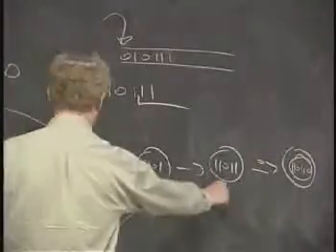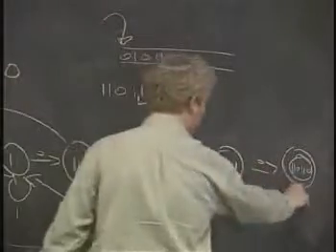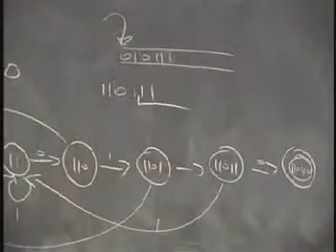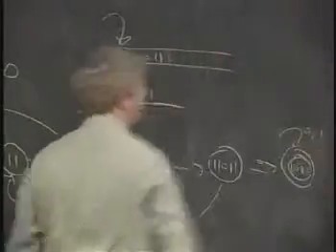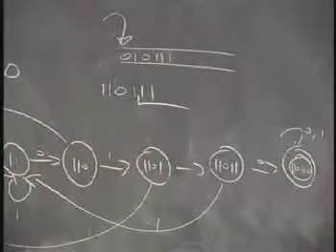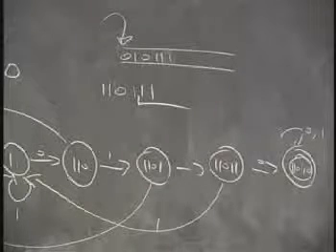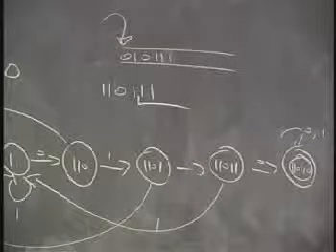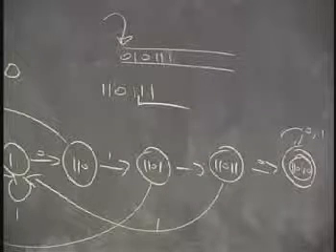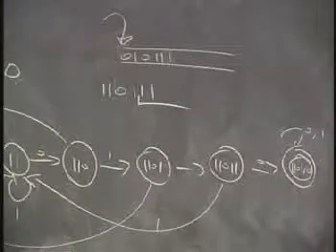So this goes back to here on a 1. And finally here on a 0 or a 1. We've already seen the whole string. It doesn't matter what happens. And of course, if I wanted all the strings that don't contain this as a substring, I just turn that into a non-final state and turn all these into final states.